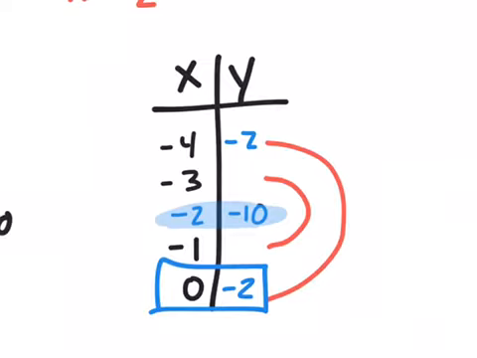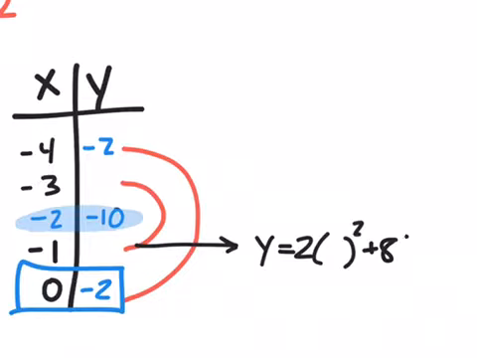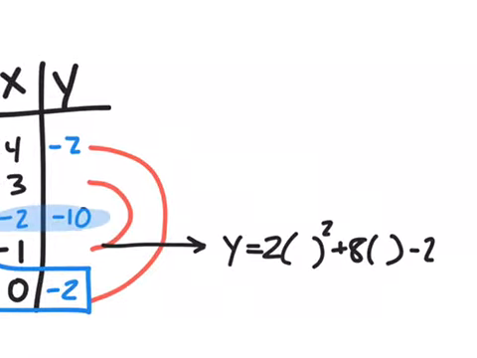So a lot of times on these, you won't have to evaluate every single one of these, partially due to the symmetry around the origin, and sometimes the y-intercept can go ahead and mirror across. So now we're left with either plugging in the negative 1 or the negative 3. I'm going to plug the negative 1 in because it's going to be a little easier than the negative 3. So we're back to the original equation, and now we're substituting in negative 1.